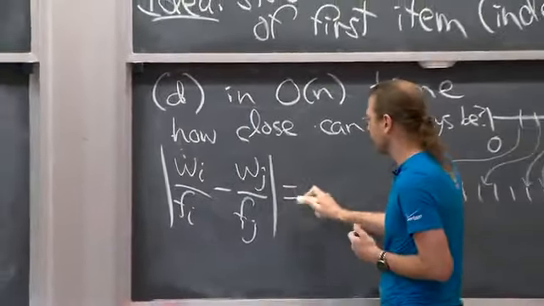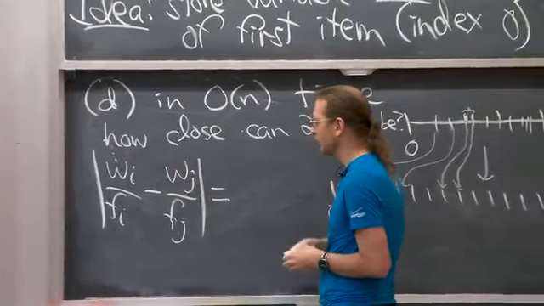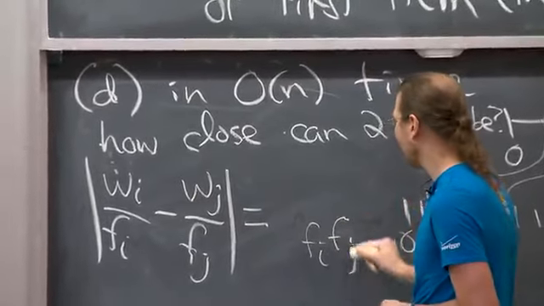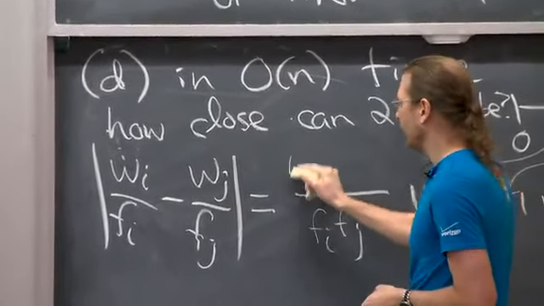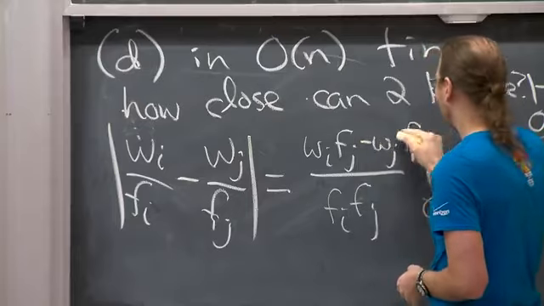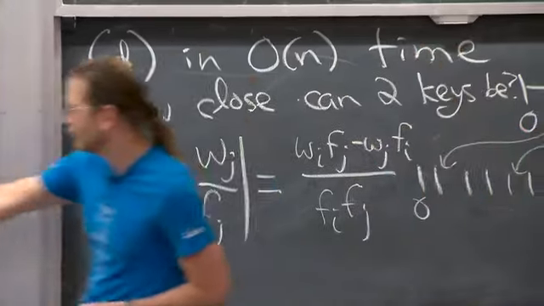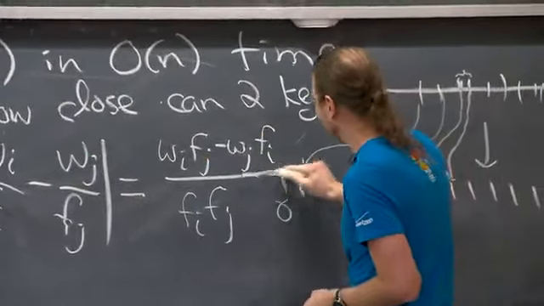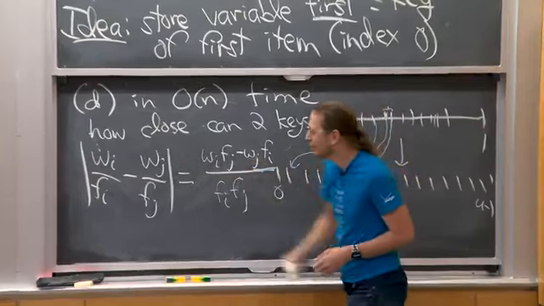I'd like to bring this into one ratio. I can do that by multiplying 1 by fi and 1 by fj. And it's wi fj minus wj fi, which should look a lot like something here. But never mind. I'm sure there's a deep connection here. I could probably use this to prove that, or vice versa.